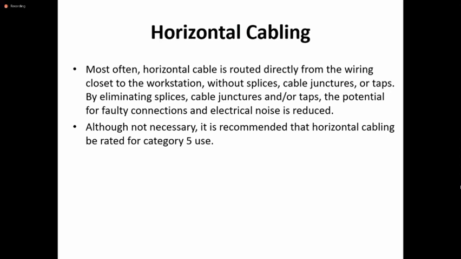So if you have one single cable, this is the case for electrical and network both, right? In network cables also, if you have one single cable and you have two connectors at both ends, that is better than having a joint in the middle, right?